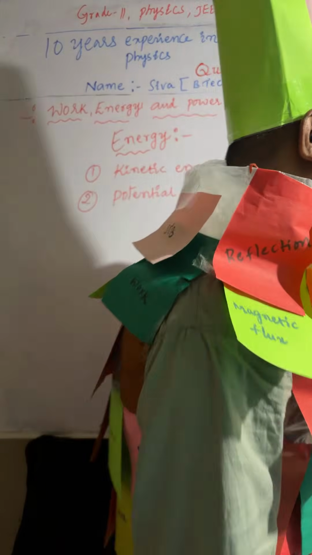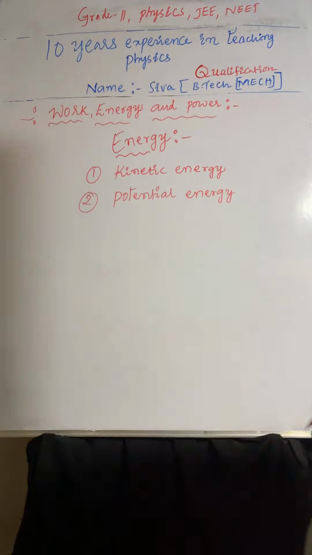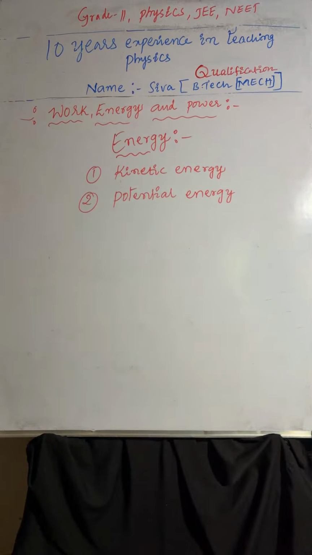What is kinetic energy? Energy possessed by the body by virtue of its motion. If the body is in motion, then the body has kinetic energy. If you lift a body from the ground to a certain height, that involves the work energy theorem.